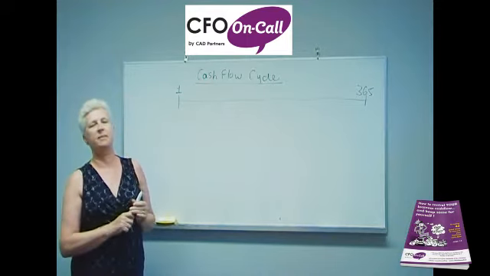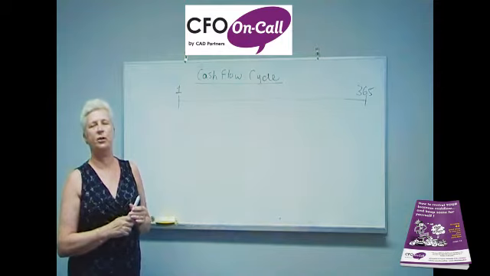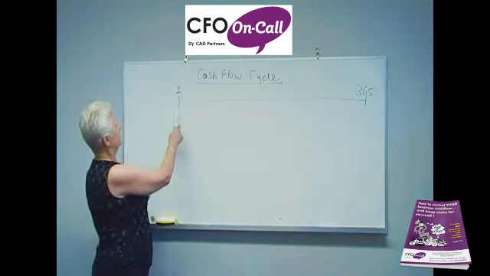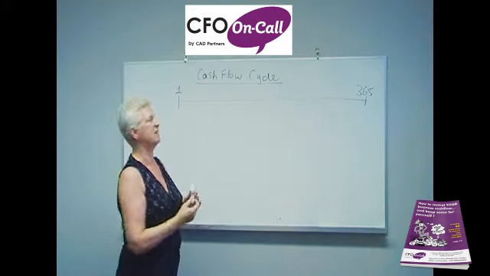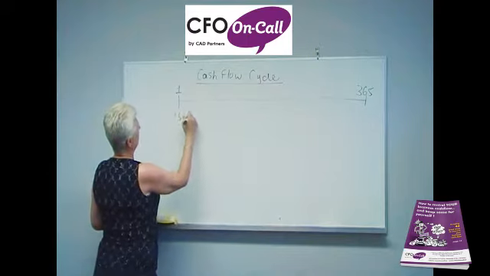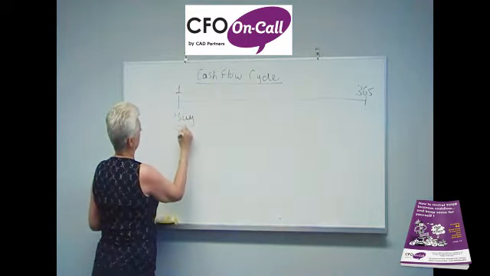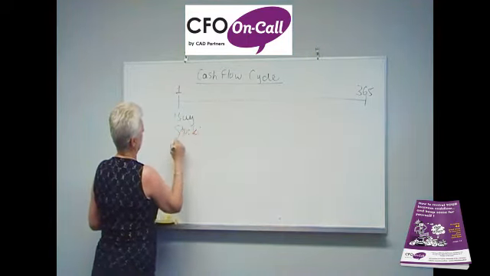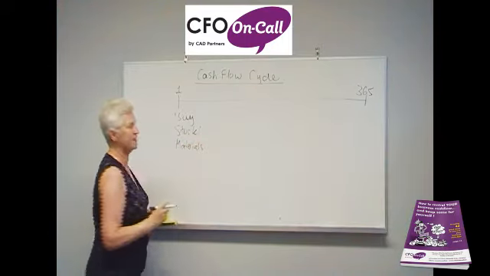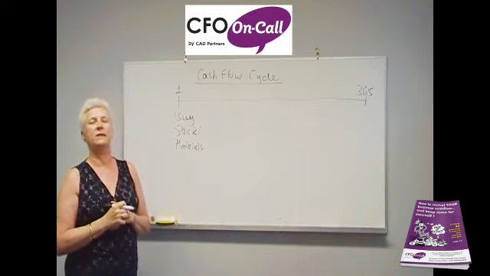So what happens typically in a business, before you can sell anything, you have to buy something. If we're looking at a period of 1 through to 365 days, on day 1 you need to buy your stock, or if you're a service-based business, you would be buying materials.